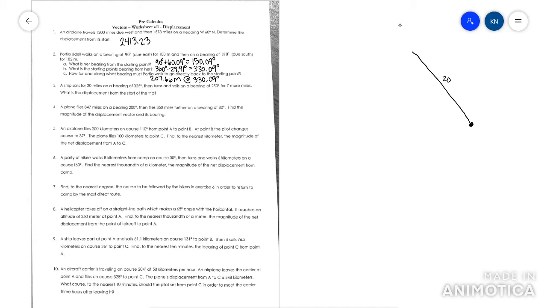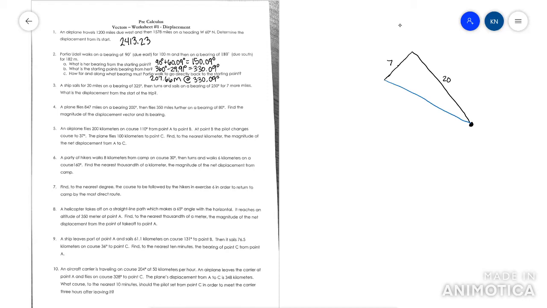Then it turns and sails at a bearing of 250. So from here, 90, 180, 270, it's just a little bit less than that, so it's going to go this way. And they go 7 more miles. It's not that long, it's like this far, 7. They want to know the displacement from the start. Well, that would be this distance.